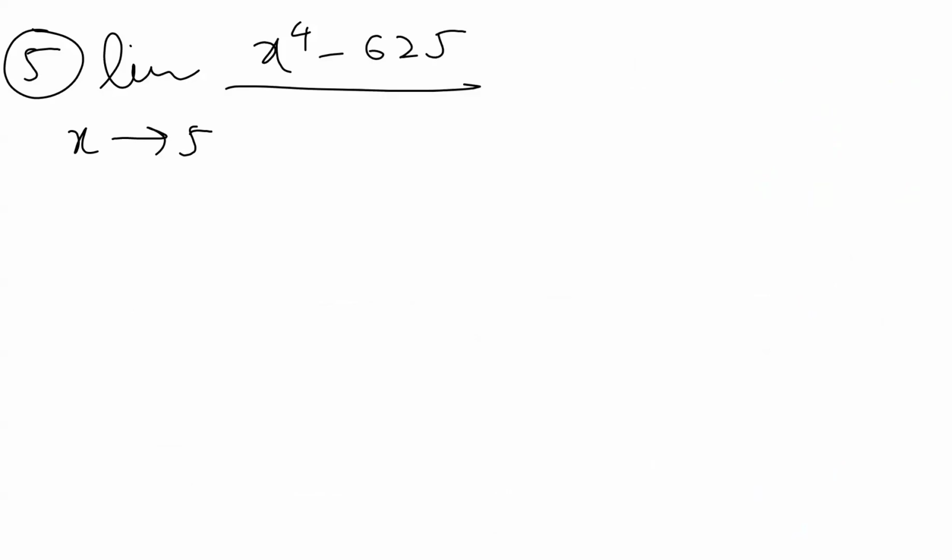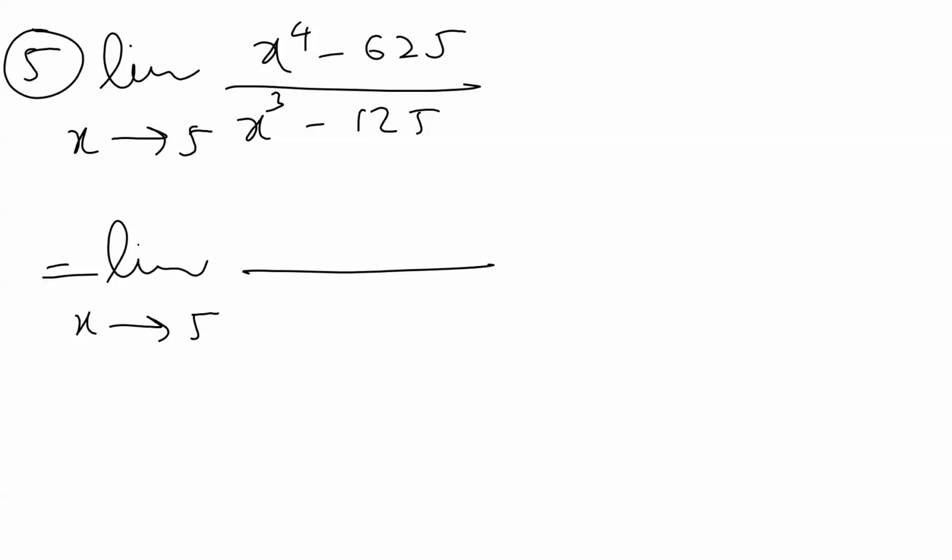Question number 5. Limit x approaching 5, x raised to 4 minus 625 upon x cube minus 125. Now, rather than me answering, you people tell me how. So, should I write the numerator? Write x raised to 4 minus 5 raised to 4, upon x cube minus 5 cube.